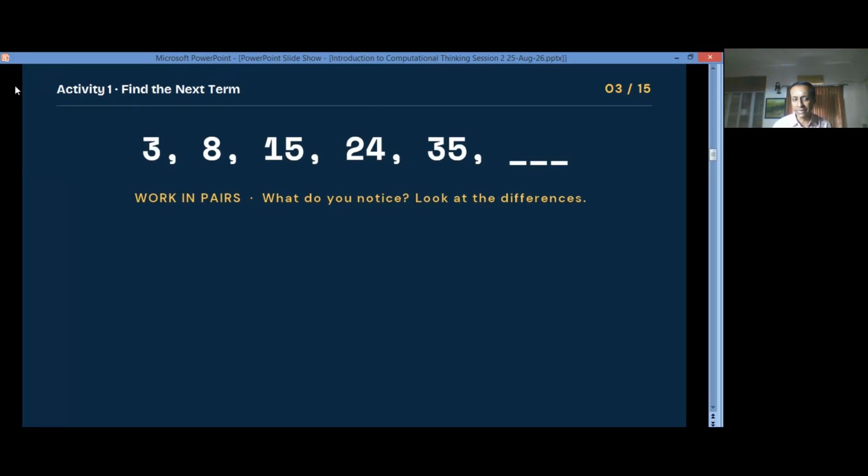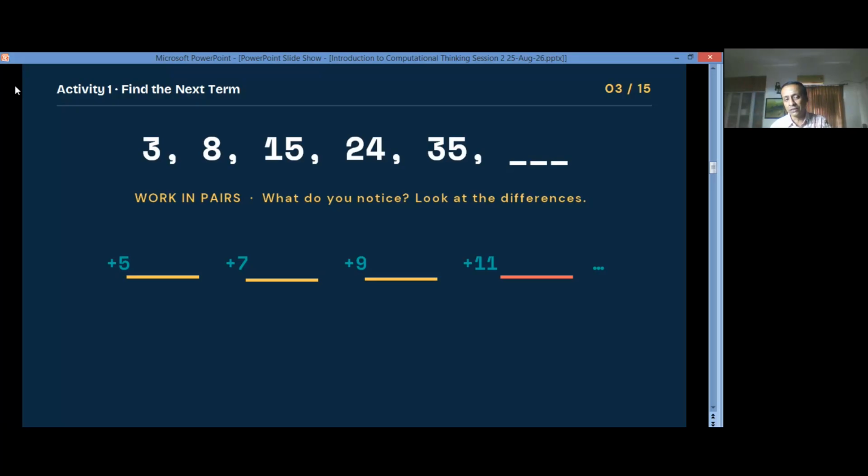So the first number is 3, second number is 8, third is 15, 24, 35. I'm sure by now you would have guessed how the pattern is progressing and what the rule behind the pattern is, right? It's a very simple rule. By adding 5 to the first number, you get the second number.